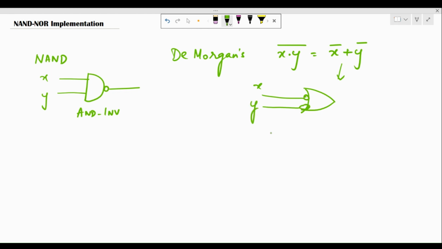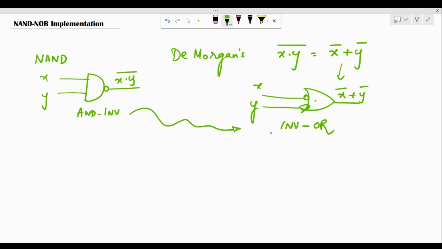So ultimately, the output for this is going to be x bar ORed with y bar. So then can we say that if this is x dot y the whole bar and this is x bar plus y bar, practically this means the same, right? So this is nothing but an invert OR. So AND invert is the same as the invert OR.